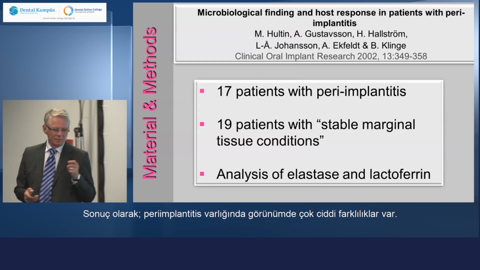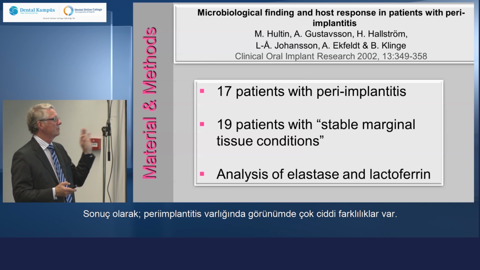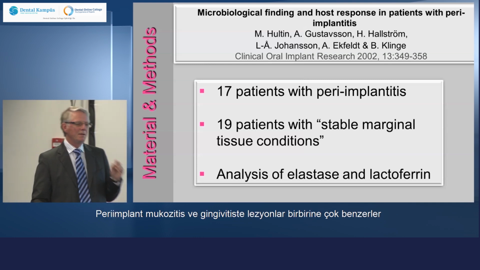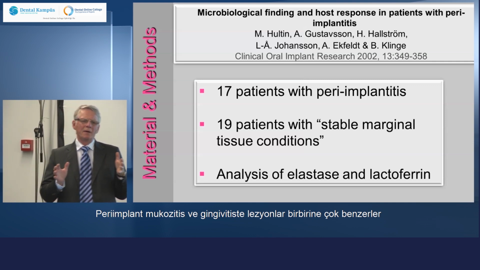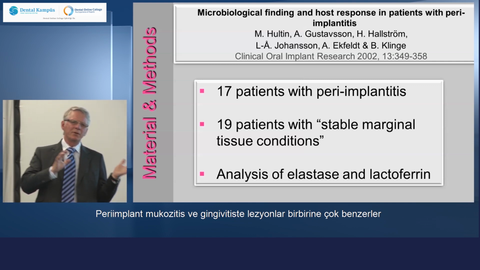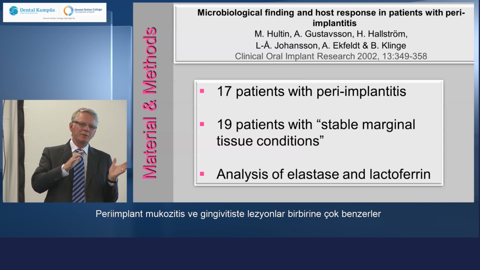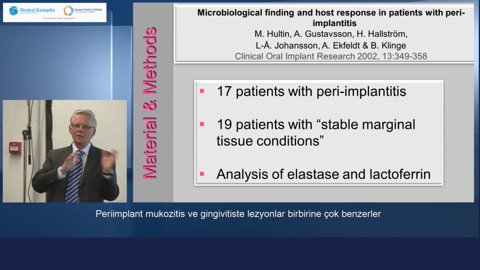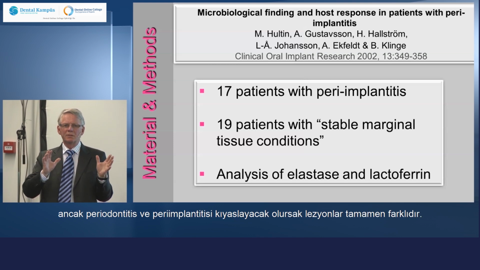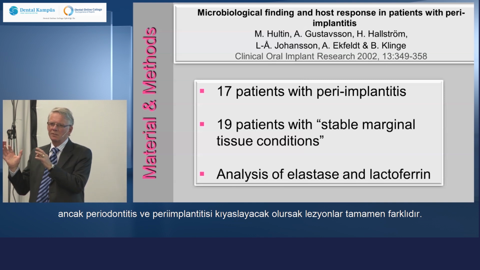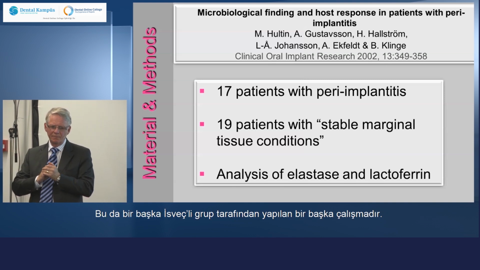So there are very big differences in how it looks when you have peri-implantitis. The situation is quite similar if you look at peri-implant mucositis. Between peri-implant mucositis and gingivitis, the lesions are quite similar. But if we look at periodontitis and peri-implantitis, the lesions are completely different.